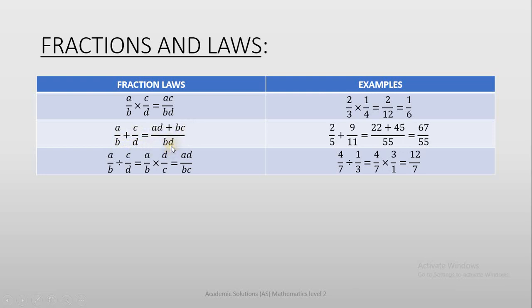So for us to calculate the numerators, we will say B, it goes in how many times in BD? It goes in D times. So D multiplied by A, which is AD. That's why we have AD there.